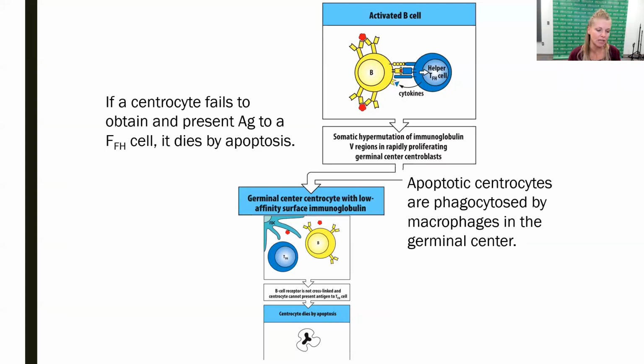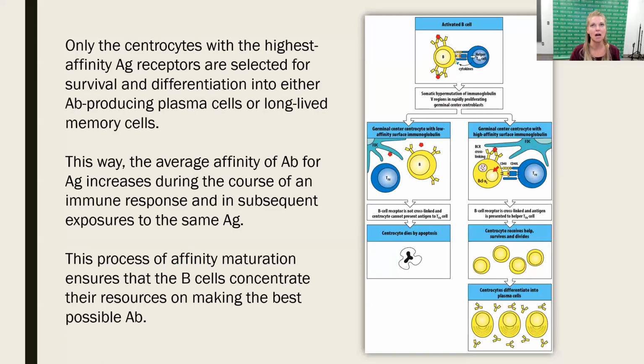It will not be able to survive and will be removed from circulation. So apoptotic centrocytes are phagocytized by macrophages that are also in the lymph node. And so they're just removed so that there's room for our activated B cells and T cells to go ahead and go through replication and differentiation.